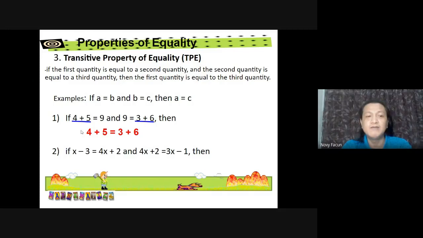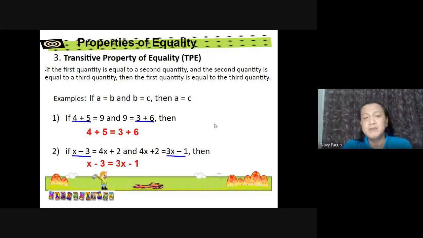Okay, another we have number 2, if x minus 3 equals 4x plus 2, and 4x plus 2 equals 3x minus 1. Kukunin mo lang yung first mo, and then yung third mo. So, underline natin. Yan, yung x minus 3, tsaka yung pinakadulo mo, yung C, that is 3x minus 1. Therefore, x minus 3 equals 3x minus 1.